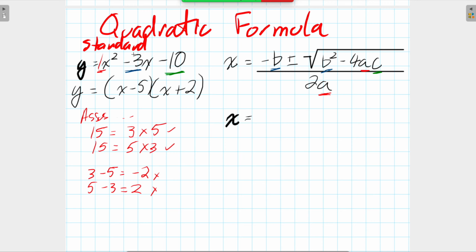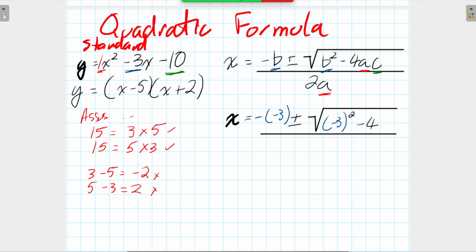This is negative B. So if B is negative 3, that's actually going to become positive 3. I'll write it all out so we do a step-by-step version. It's like the negative of a negative 3, plus or minus the square root of, we have the B value, again negative 3, squared, minus 4 times the A value.